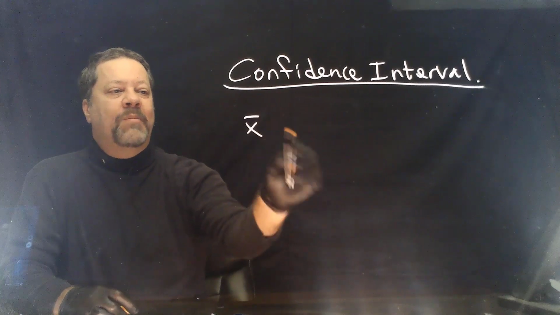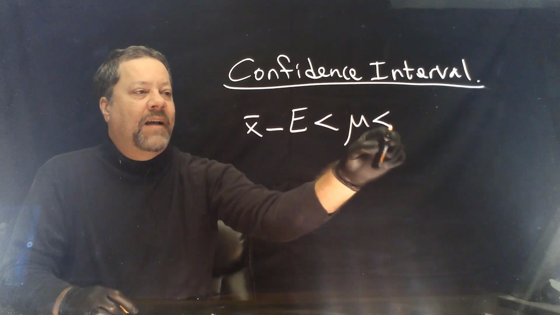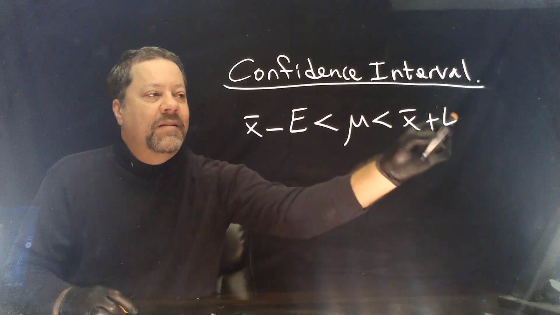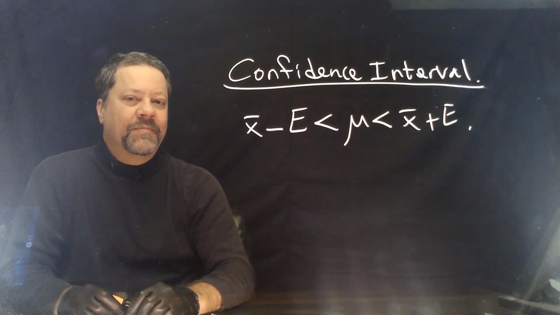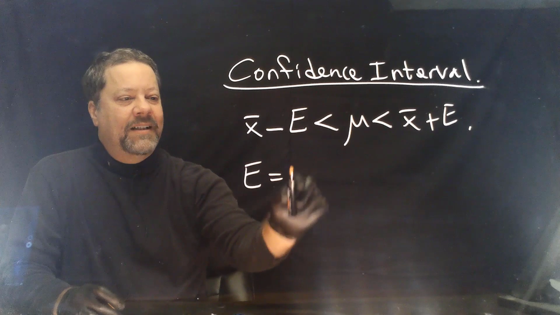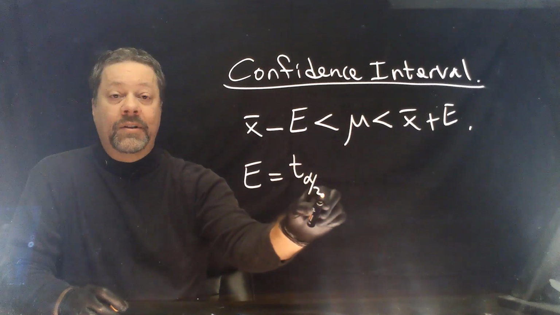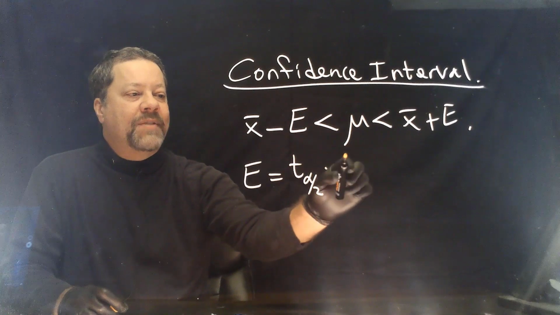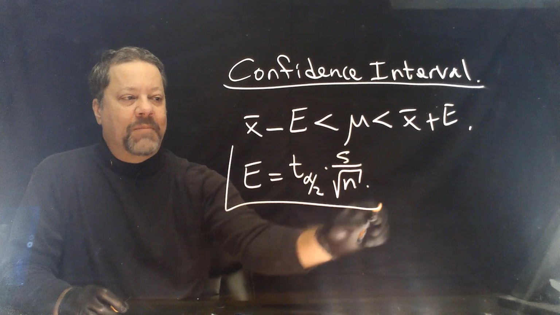You'll take the sample mean minus a margin of error and the sample mean plus a margin of error, giving you the endpoints of the confidence interval. How is the margin of error calculated? Instead of using a critical z-score, you'll use a critical t-score times the sample standard deviation divided by the square root of the sample size.